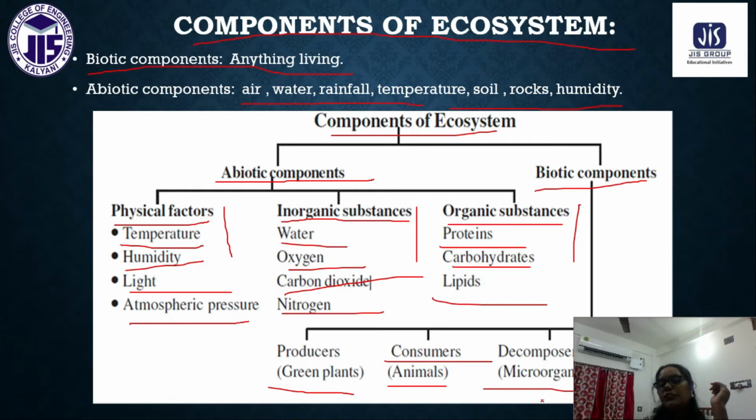And decomposers, generally the microorganisms, belong to this category. Decomposer means they can decompose the organic materials, so they are called decomposers. So these are some of the components of the ecosystem that we have.